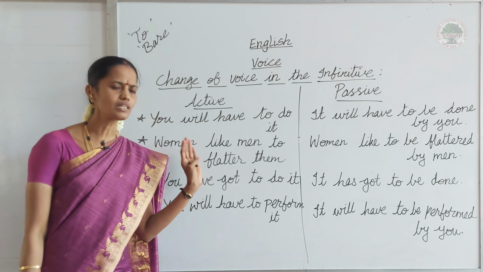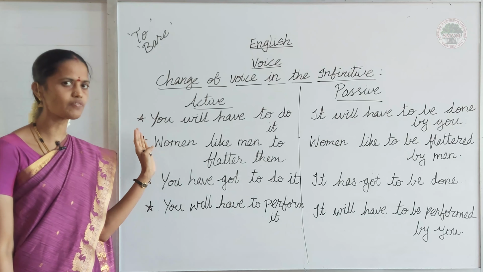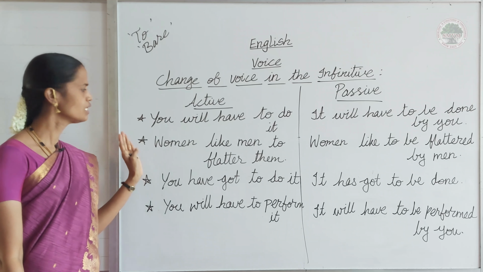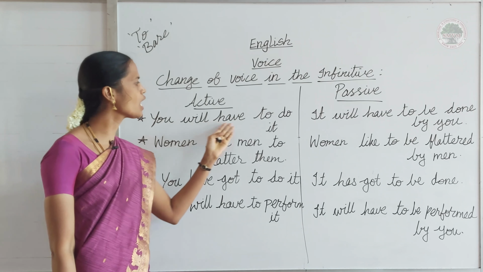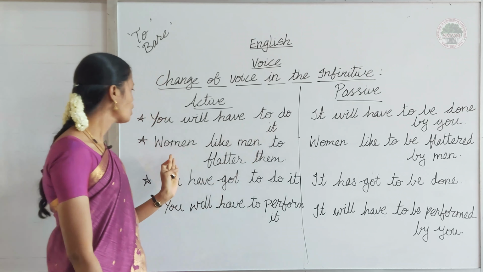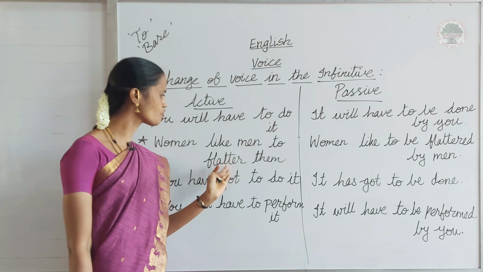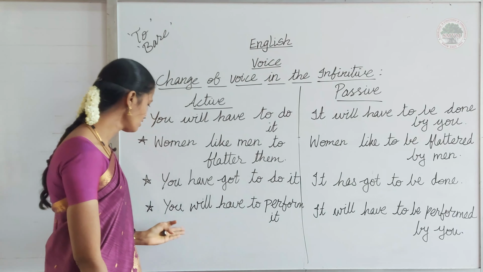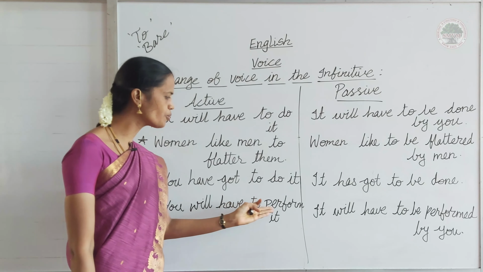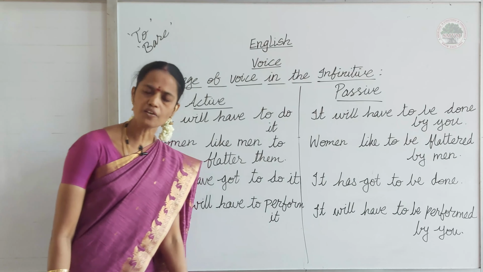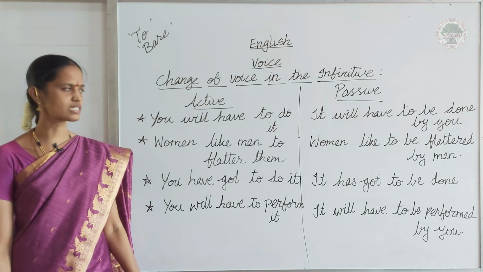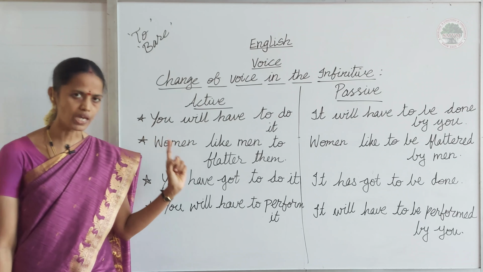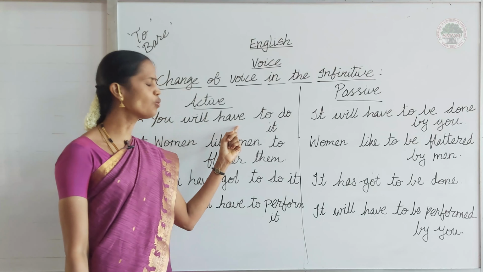In these examples, you will have to do it. Women like men to flatter them. You have got to do it. You will have to perform it. If you take these sentences, here the main verb is will have.